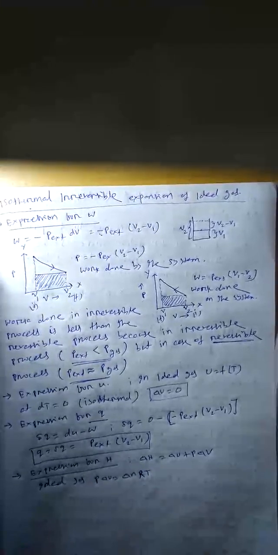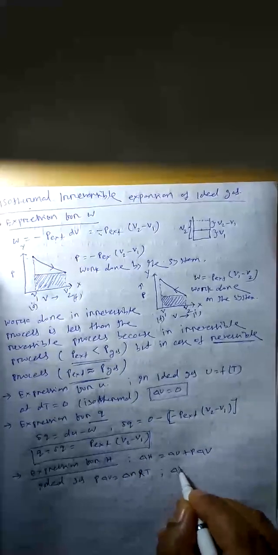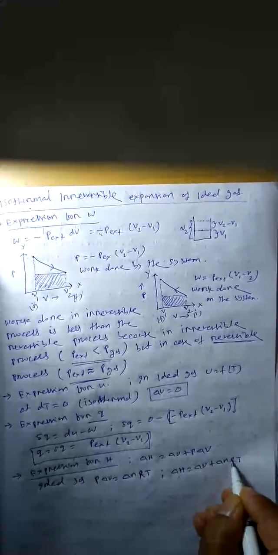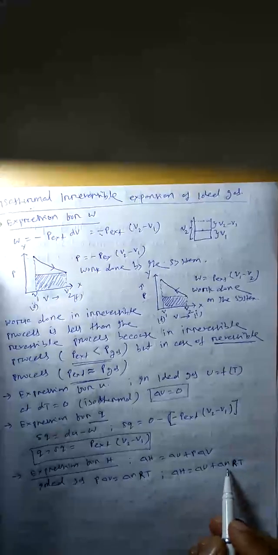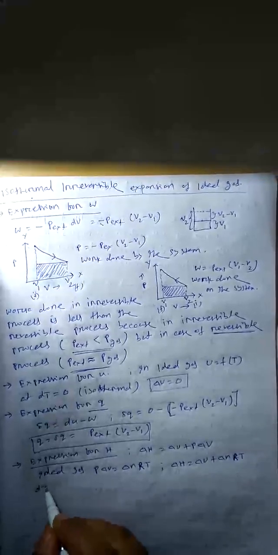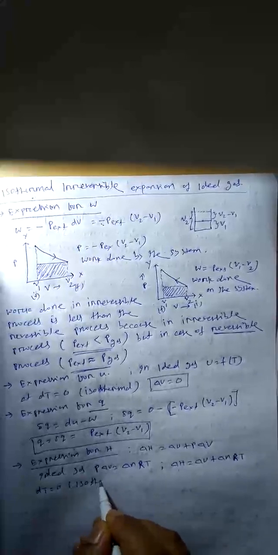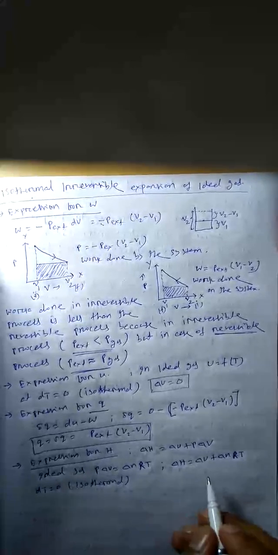Now substitute this value: delta H is equal to delta U plus delta n RT. Temperature has no change, R is constant, and dT is equal to 0 because it is isothermal.